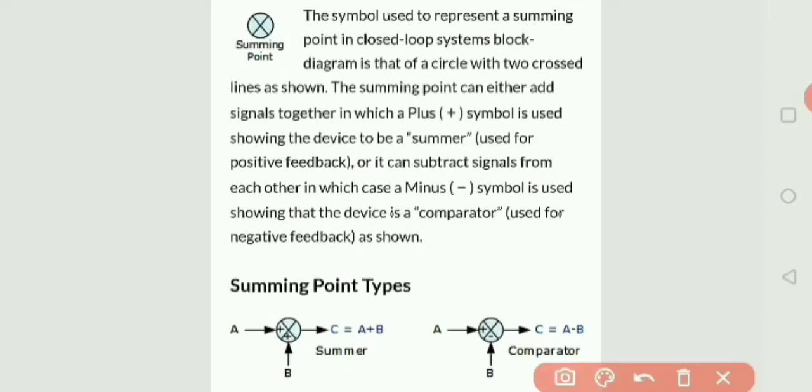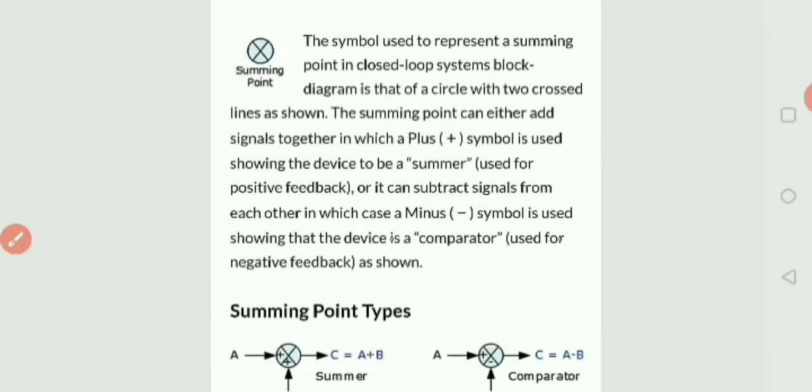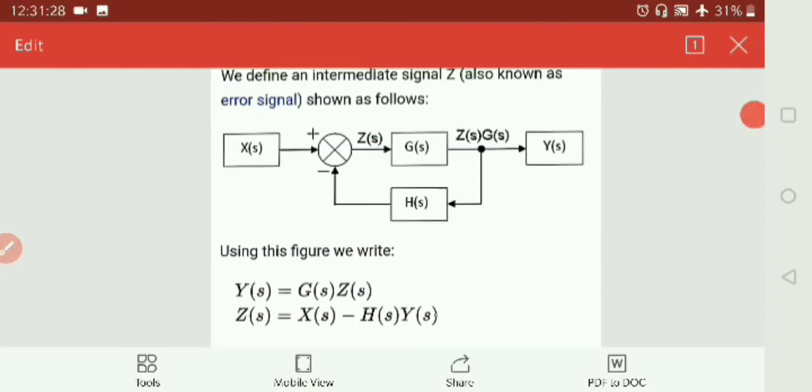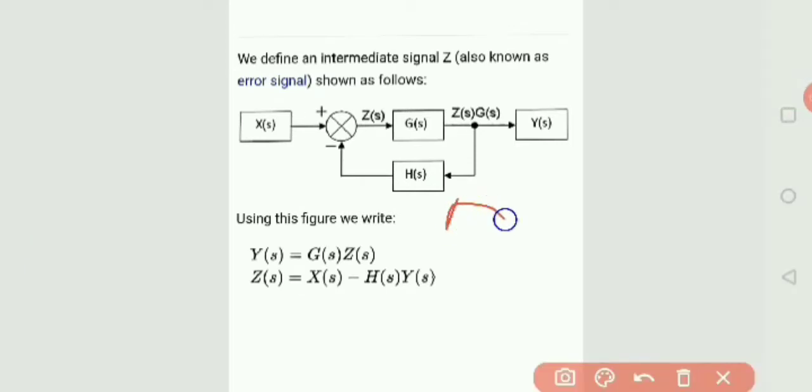If we use one symbol, we can add the two signals, and if we use the other symbol, we can subtract the signal. Here H(s) is the feedback element gain.